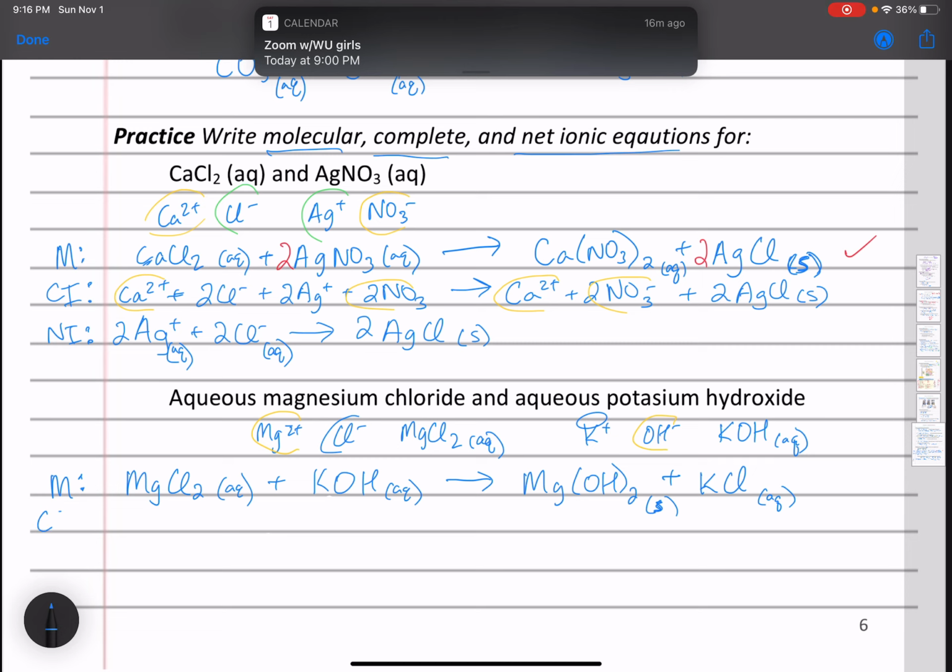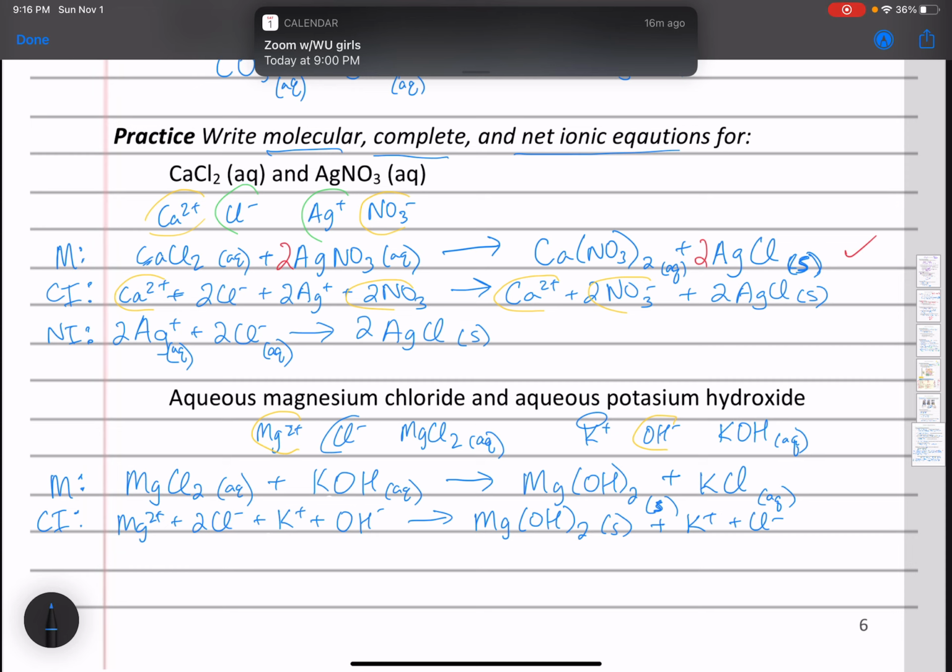So now for the complete ionic equation, magnesium ion plus 2 chloride ions plus a potassium ion plus a hydroxide ion, all of which are aqueous, react to form magnesium hydroxide, our solid precipitate, stays together, and potassium ions and chloride ions.